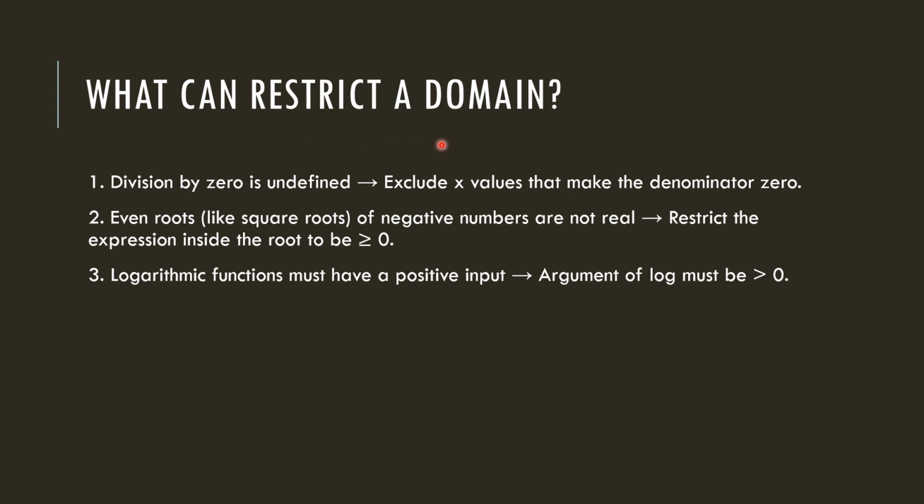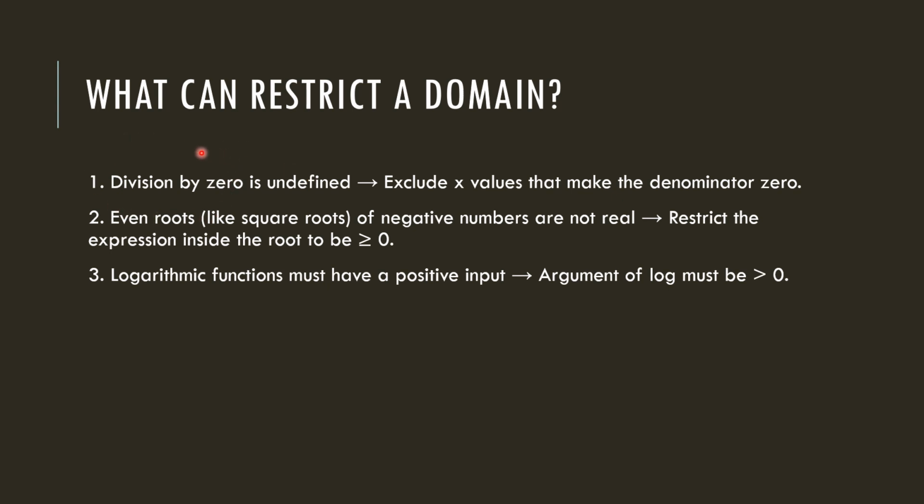What can restrict a domain? Because we don't want to cause an error in a function, the restriction will be in the form of division by 0. Anytime you are dividing by 0, it is undefined, so we get an error.